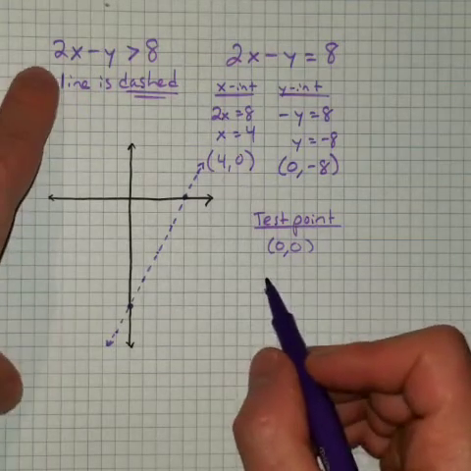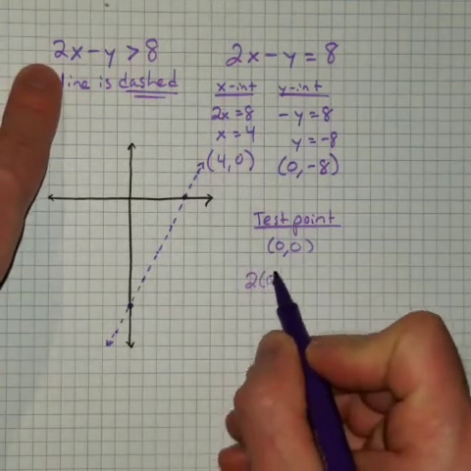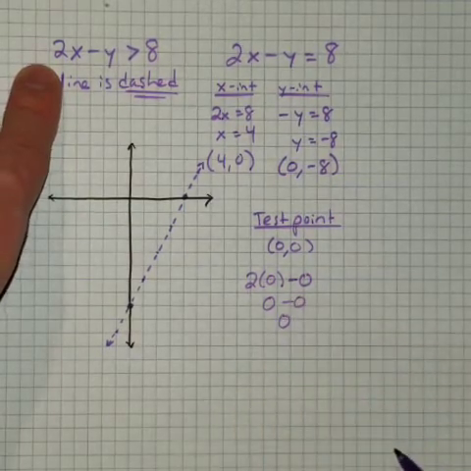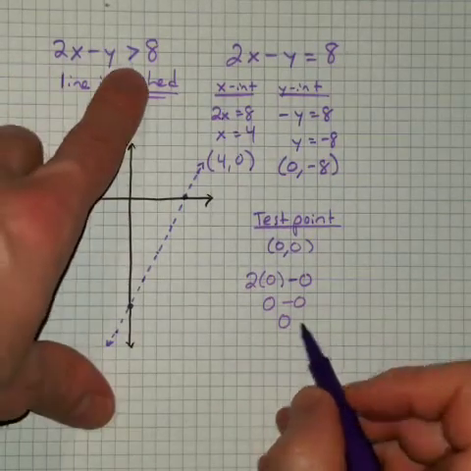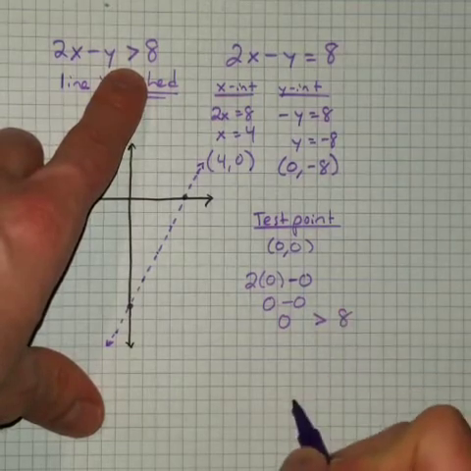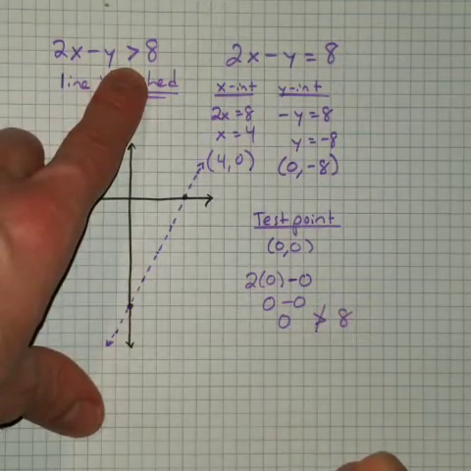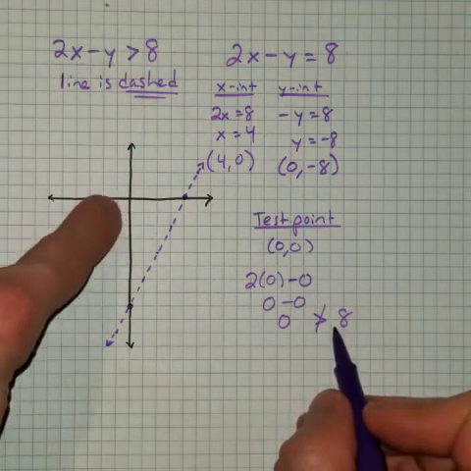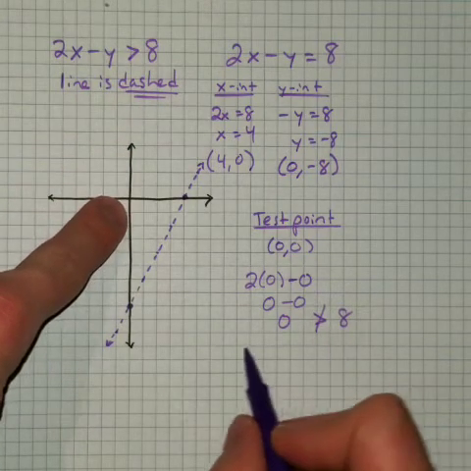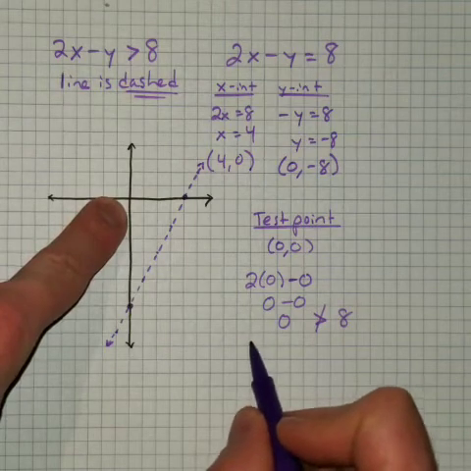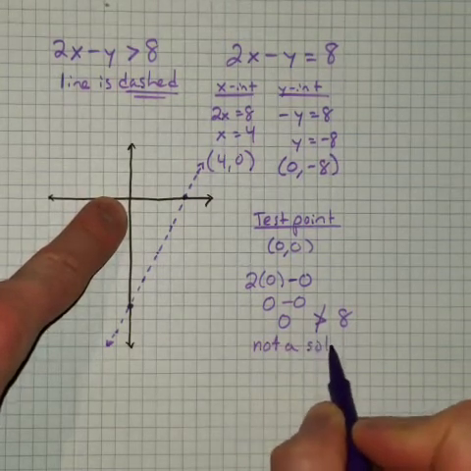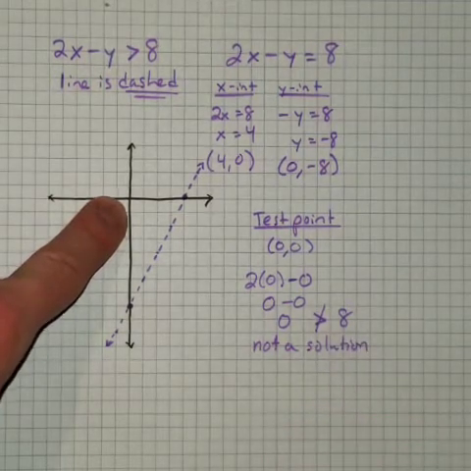When I plug those in, 2 times 0 minus 0 is, of course, 0. And 0 is not greater than 8. Definitely not going to work. So the side with (0, 0) is not the solution side.